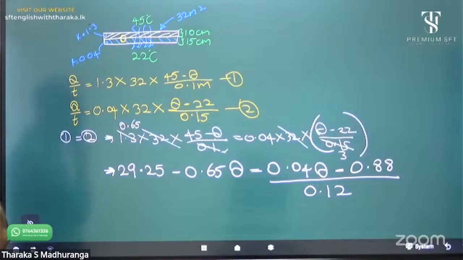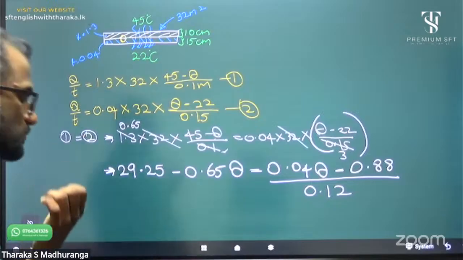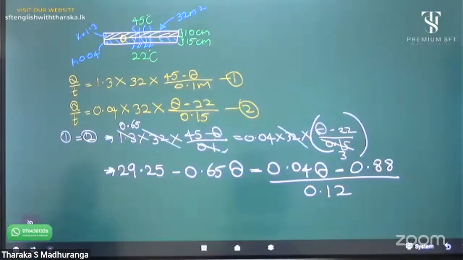Then how to isolate theta? Any idea? Try to isolate the theta. What's the first step?